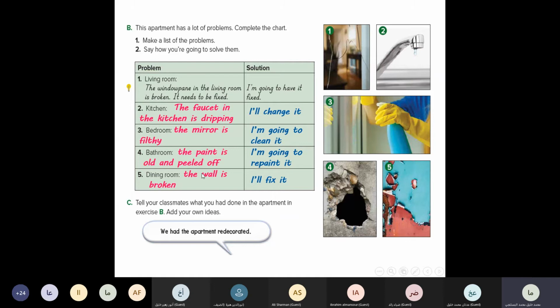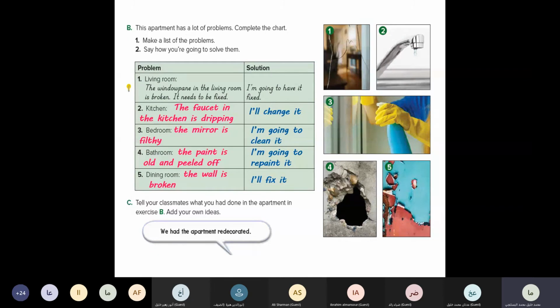The wall is broken. I will fix it. I will have it fixed. And number 5, the paint is old and peeled off. I'm going to repair it, or I'm going to have it repaired. Okay? But here we have a mistake.